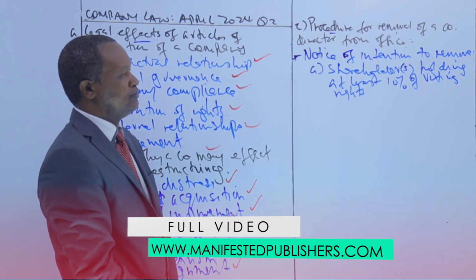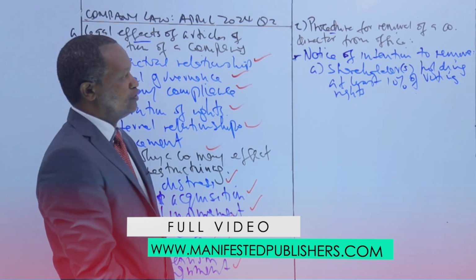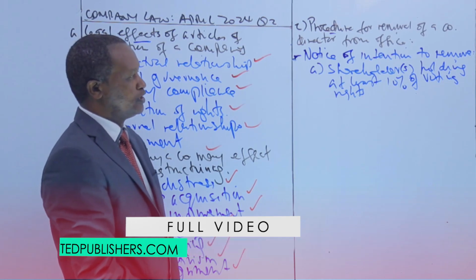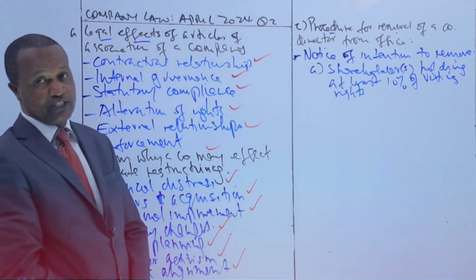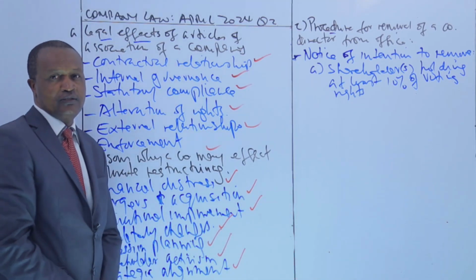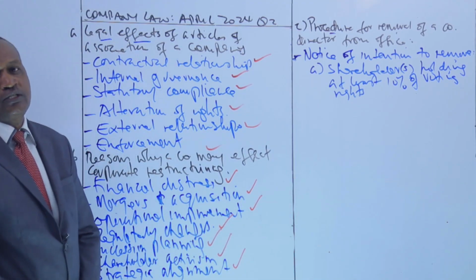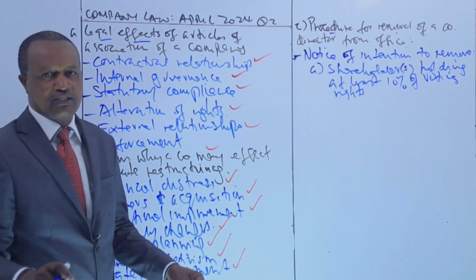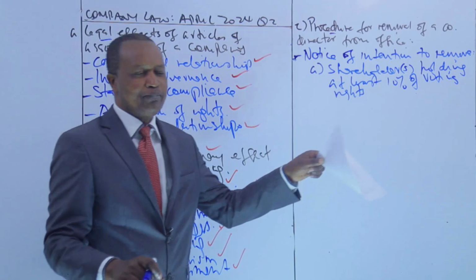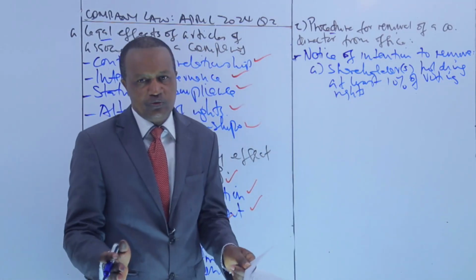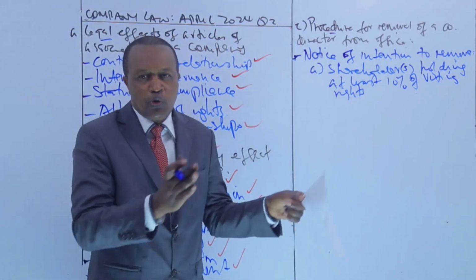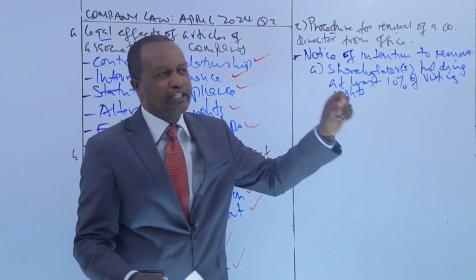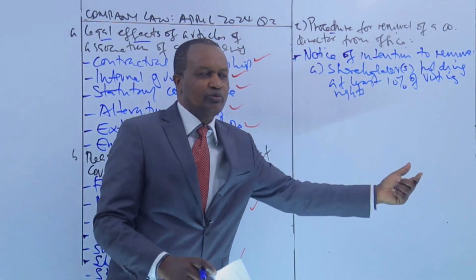It has to emanate from a shareholder or a group of shareholders holding at least 10% of voting rights. Such can give a special notice to the company of their intention to propose a resolution to remove a director at the next general meeting.